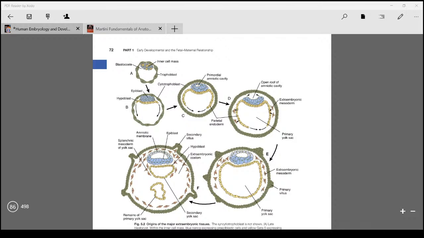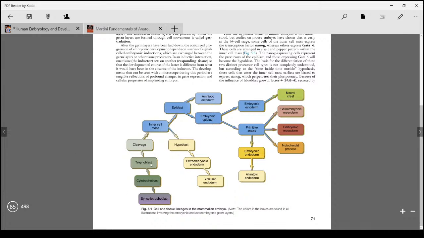I'll just show you one more thing. This is the entire flow chart of how things proceed. You can see cleavage, trophoblast, cytotrophoblast, syncytiotrophoblast. Then the inner cell mass becomes epiblast, hypoblast, extraembryonic endoderm, yolk sac endoderm. This will become amniotic and embryonic epiblast.